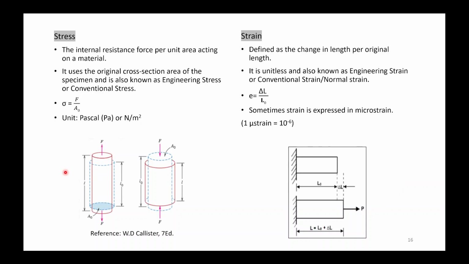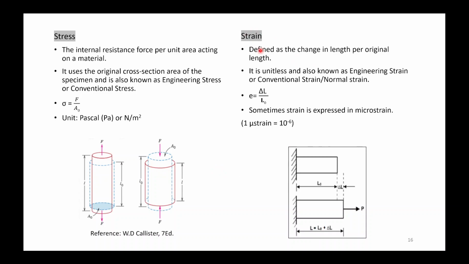Here the initial length is the one in blue. We apply uniaxial tensile loading, pulling in this direction, and it reduces its cross section and increases its length. The final length is L, the initial length is L naught, and the initial cross-section area is A naught. So sigma is given as F upon A naught.